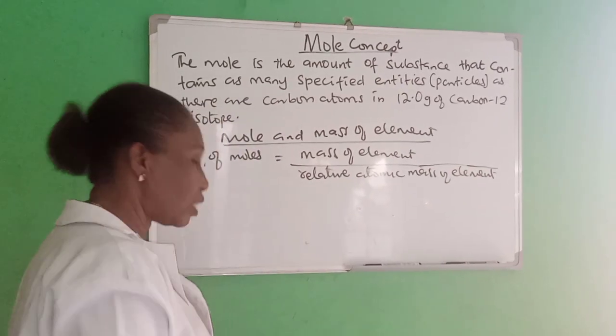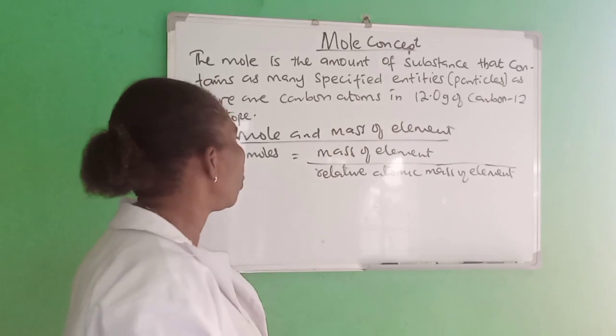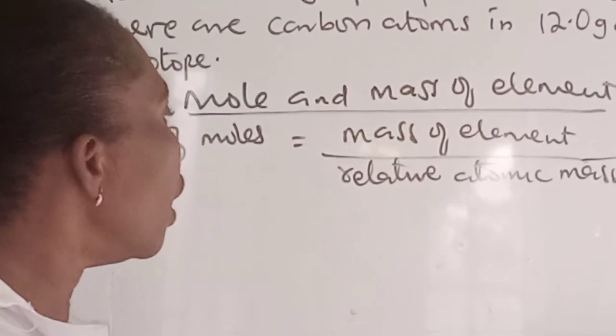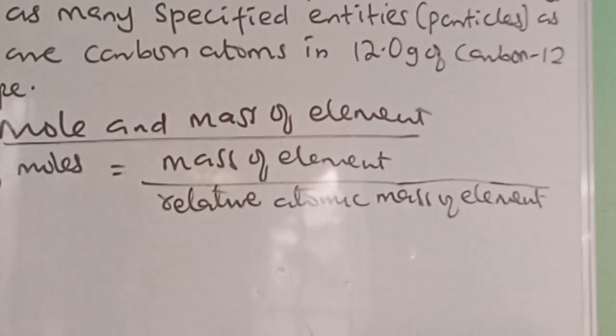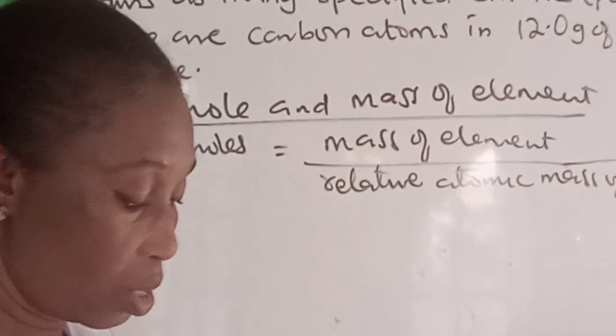So if you are to determine the number of moles in a given mass of an element, you divide it by the relative atomic mass of that element.